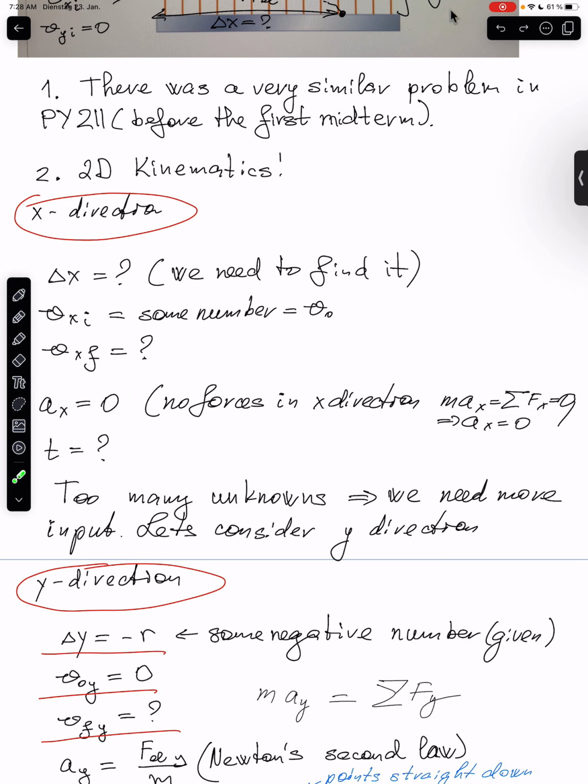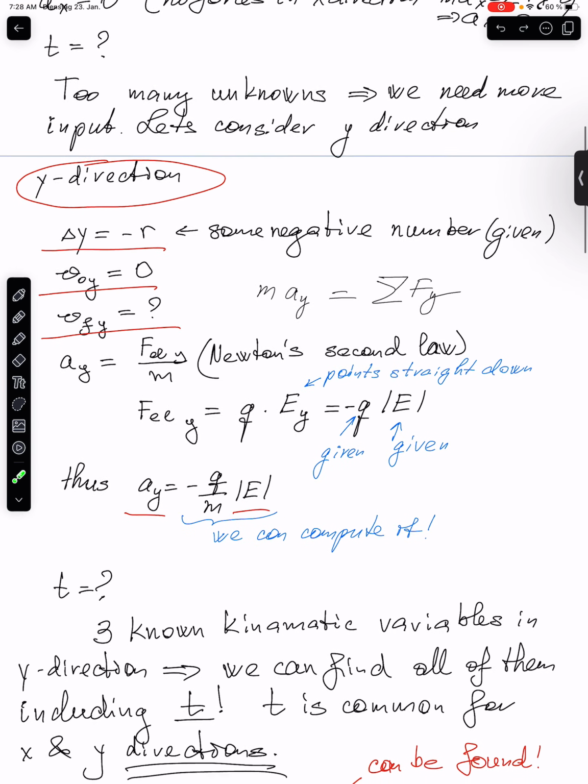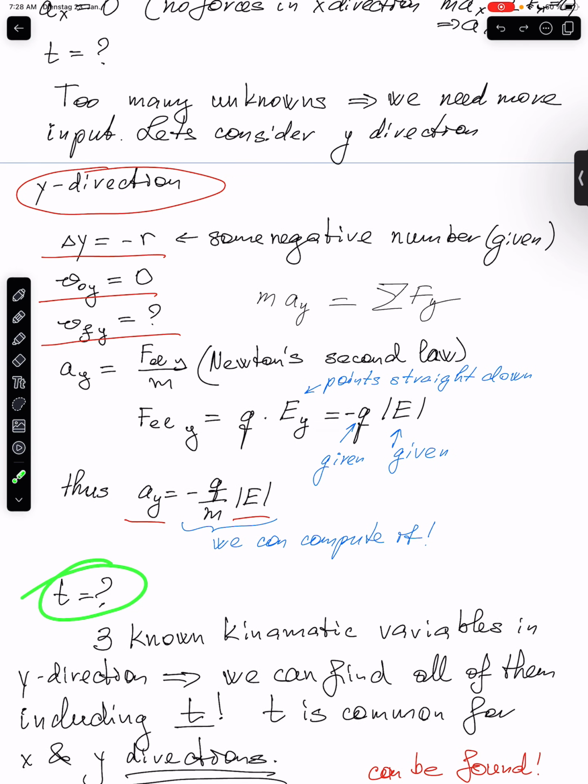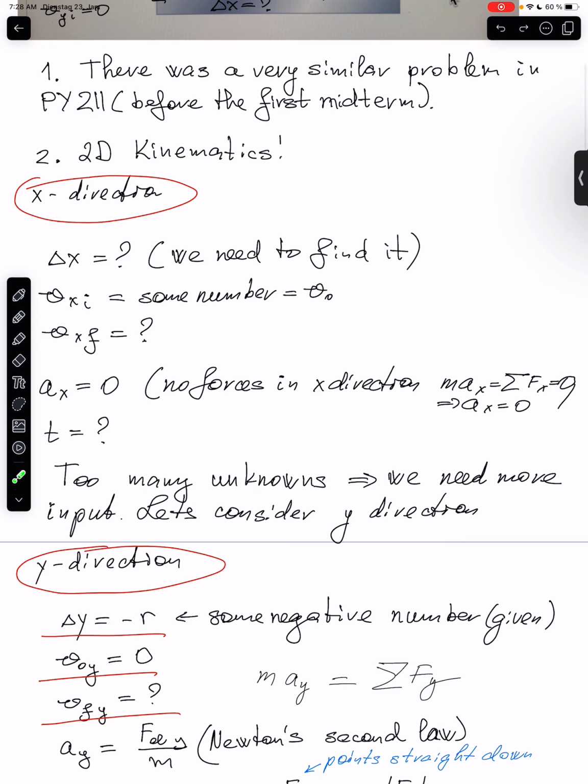So we would also know 3 variables, and once we know these 3 variables, we will be able to find all of them, including delta x. Again, from the y direction we will be able to find t. Then remember this t and substitute it into the x direction kinematic part. Then this will be a number, this will be a number, and this is a number, and therefore we will be able to find delta x.